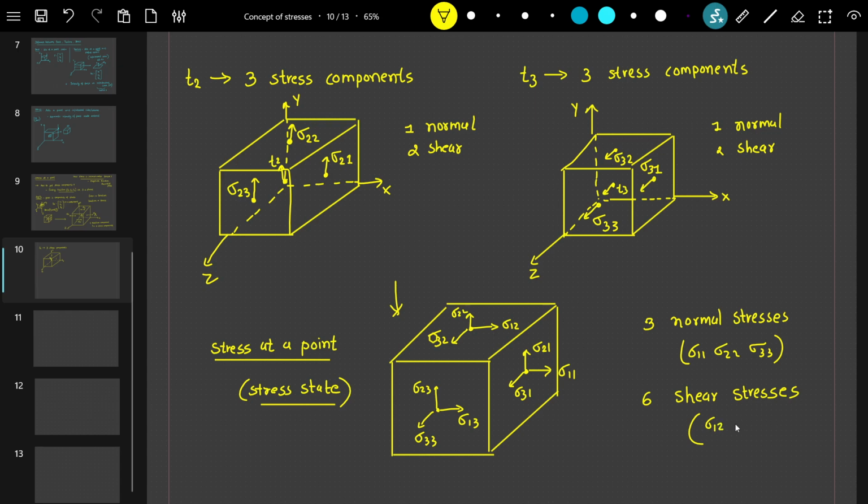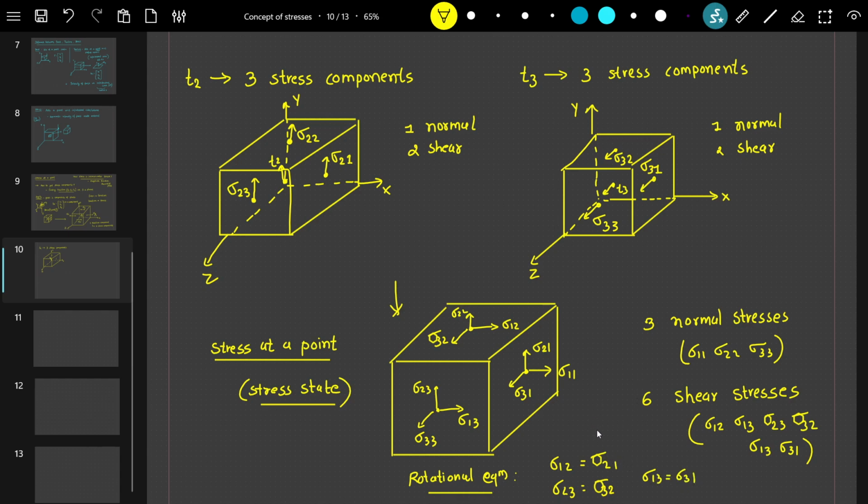So sigma 1 2, 1 3, 2 3, 3 2, sigma 2 1, and sigma 3 1. But sigma 1 2 and 2 1 are equal. We are not going to prove it, but from rotational equilibrium we can show that sigma 1 2 is equal to sigma 2 1, sigma 2 3 is equal to sigma 3 2, and sigma 1 3 is equal to sigma 3 1.